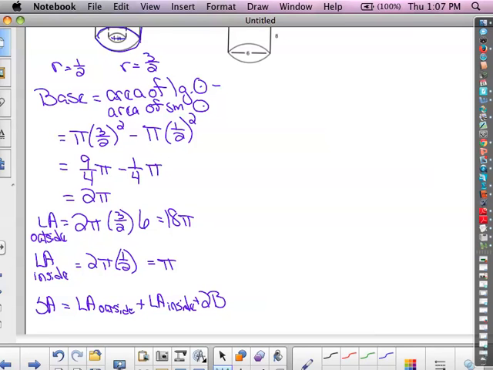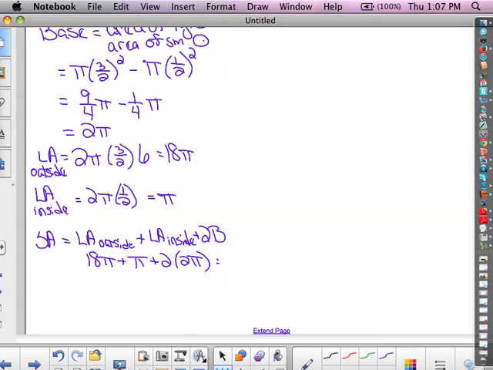The outside is 18 pi, the inside is pi, and then 2 times a base, which is 2 pi. So that's going to give me 18 plus 1 plus 4. 23 pi is the total surface area of this solid. 23 pi.